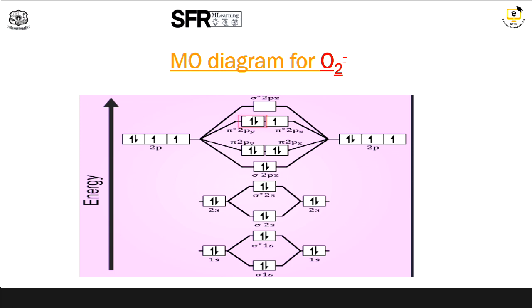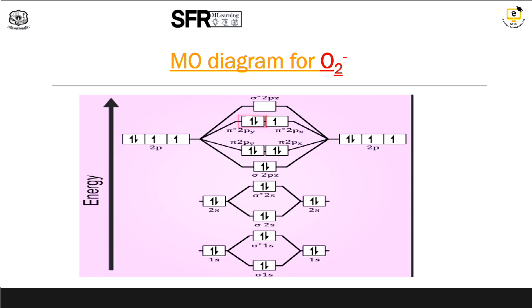It is represented in the diagram as pi star 2px having 2 electrons and pi star 2py having 1 unpaired electron. That is, the minus represents one more electron present in the anti-bonding molecular orbitals.